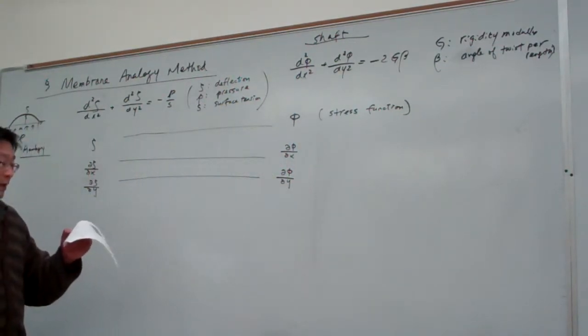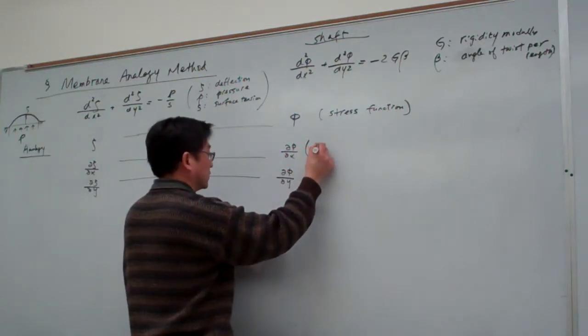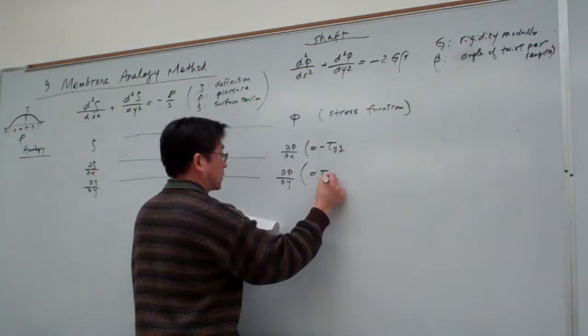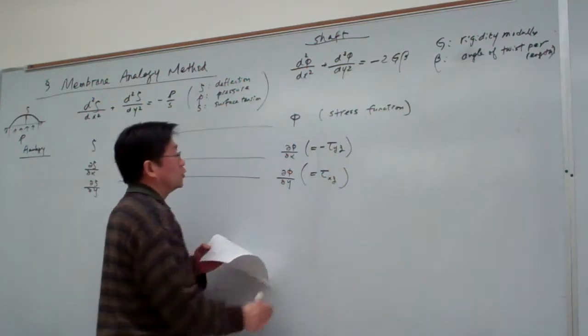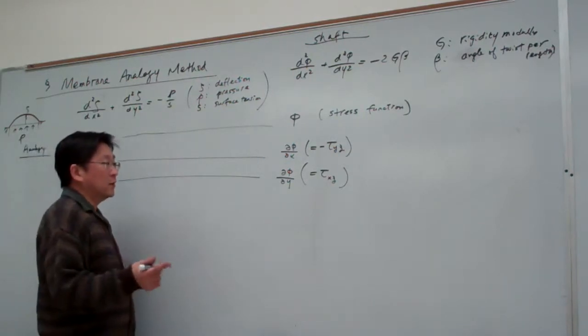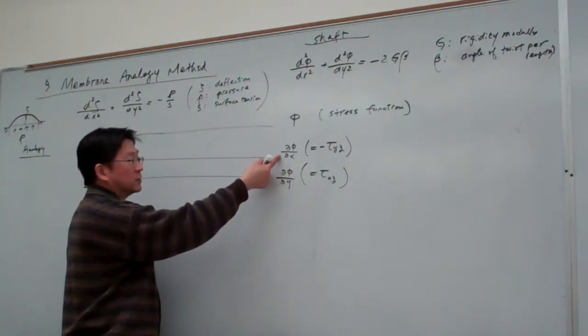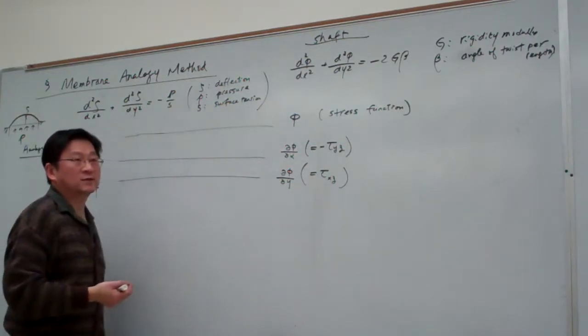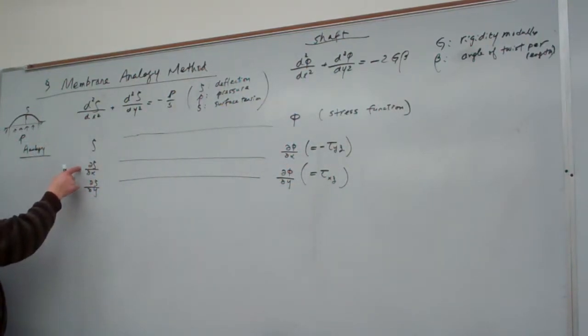Basically this one is minus tau yz, and this one is tau xz. So this is the first time I give you this information: the derivative of the stress function is related to the shear stress, and shear stress is related to the gradient of the deflection.